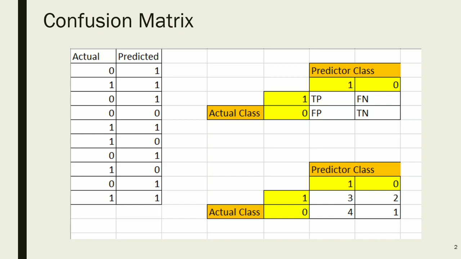Now, you can see in this table I have shown the actual value and the predicted value. I have given these terms as 0 and 1. 0 means the thing is not present. 1 means it is present. You can say in binary terms it is false and it is true.